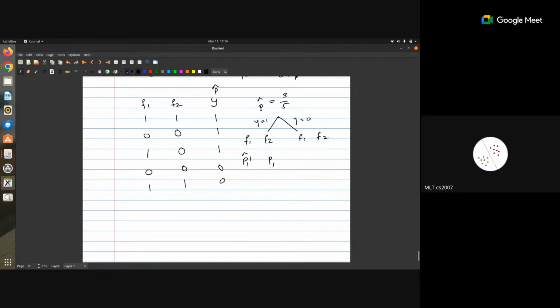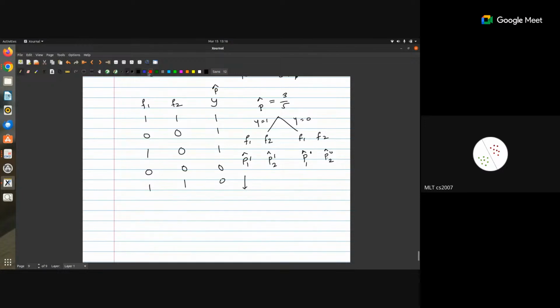Similarly, we have p21 hat, like this, right? And we have p10 hat, sorry, p20 hat. We'll have to find out these fractions, right? So what about this?